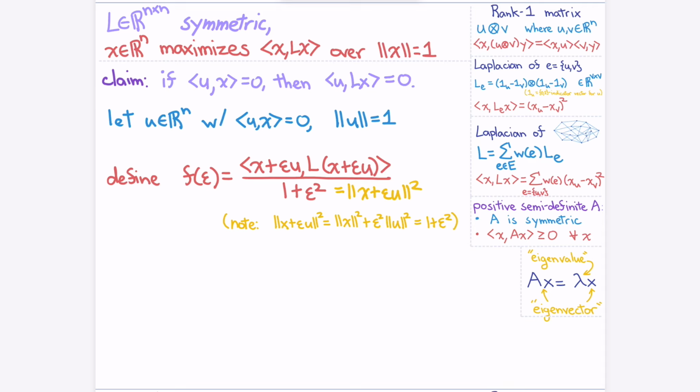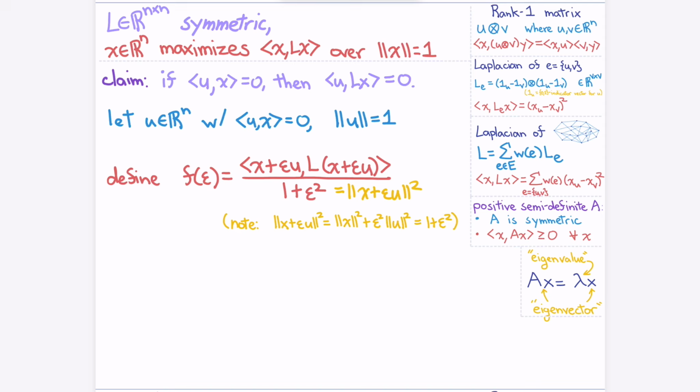Since x maximizes x^T L x, or I can think of that as maximizing x^T L x over the length of x squared if I remove the normalization, if I adjust x a little bit, you shouldn't get anything better, because x is supposed to be the best. So what does f of epsilon represent? It represents going from x and shifting a little bit in the u direction by small epsilon. The 1 plus epsilon squared just renormalizes it so that you're still working with a unit vector.